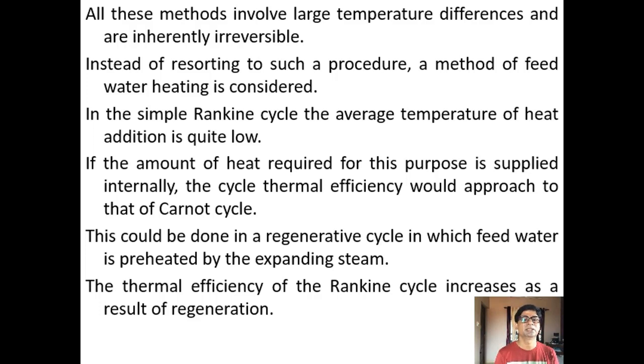So whenever there is a large temperature difference, the process becomes irreversible. So instead of resorting to such a procedure, a method of feed water heating is considered. So now to avoid all these difficulties, you have to choose a method called feed water heating. In the simple Rankine cycle, the average temperature of heat addition is quite low. So that is in the simple Rankine cycle.